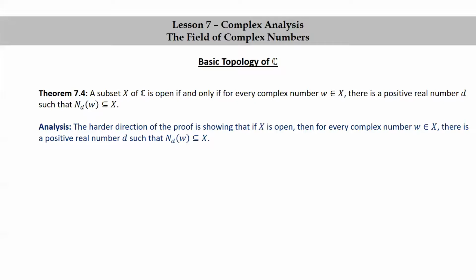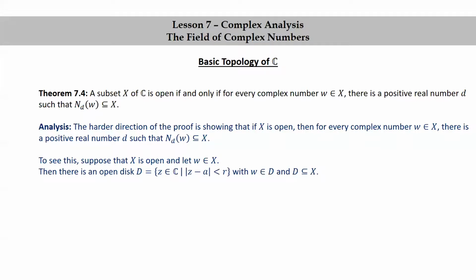The harder direction of the proof is showing that if X is open, then for every complex number W in X, there is a positive real number D such that N sub D of W is a subset of X. To see this, suppose that X is open and let W be in X. By definition of open, there's an open disk D, the set of complex numbers Z such that absolute Z minus A is less than R, with W in D and D a subset of X. Here, A is the center of this disk.